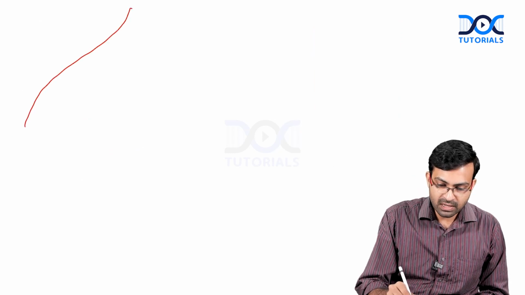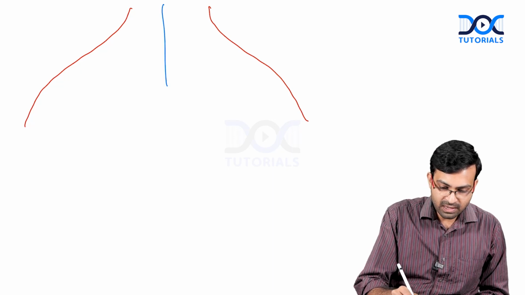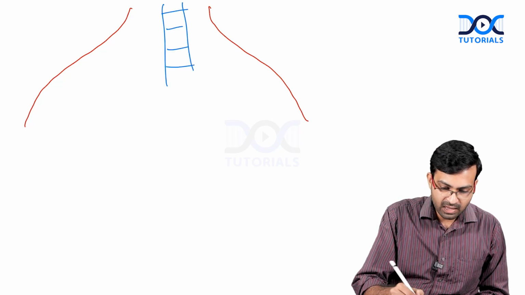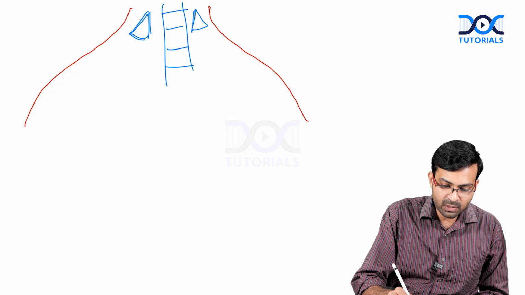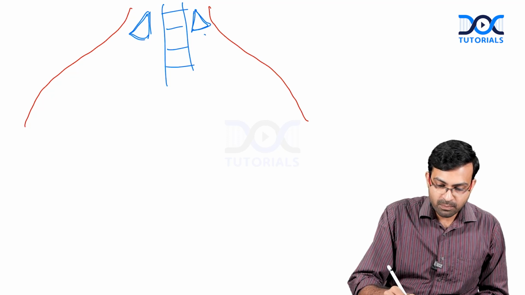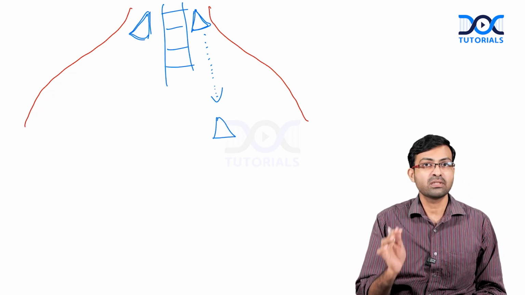So this is a very rough diagram of the embryo. This is the cervical spine here. And in the embryo, the scapula actually develops close to the cervical spine like this. And over the period of development, the scapula will slowly descend down and come to its normal position. This is what happens normally.